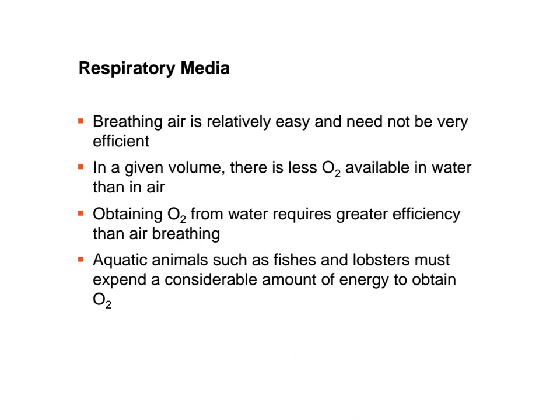And so for an animal such as a fish or any sort of animal living underwater, that leads to some difficulties for obtaining oxygen. So obtaining oxygen from water requires greater efficiency than air breathing. And aquatic animals such as fishes and lobster must expend a considerable amount of energy to obtain the oxygen that they need.